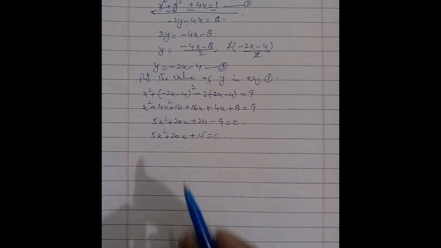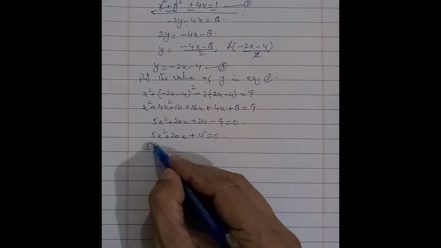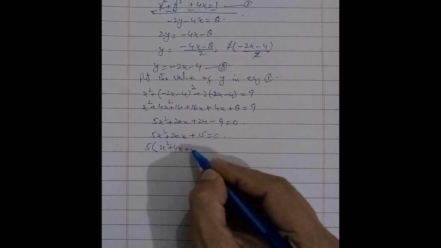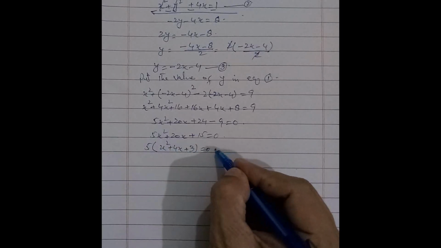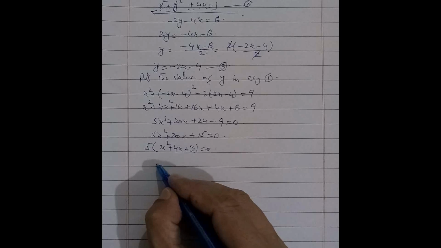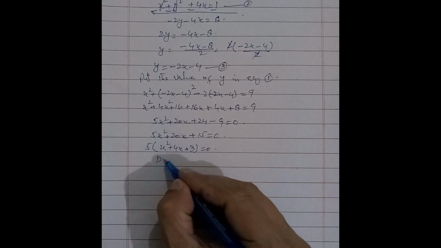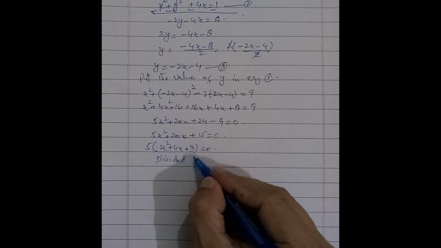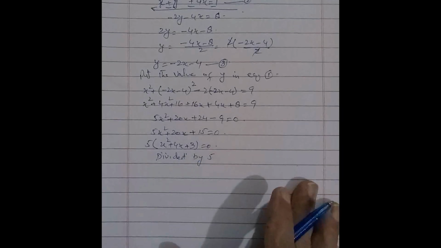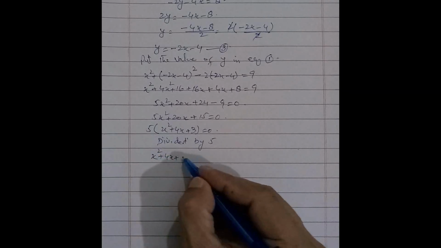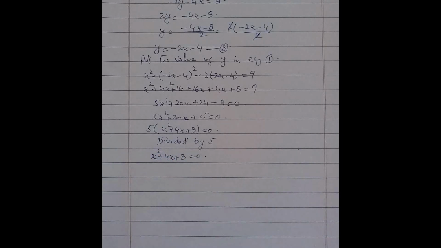Here we take 5 common. The other values are x square plus 4x plus 3 is equal to 0. Now we divide both sides by 5, and we get x square plus 4x plus 3 is equal to 0.